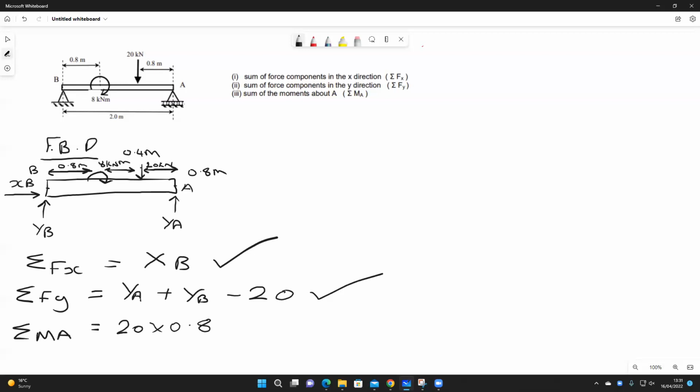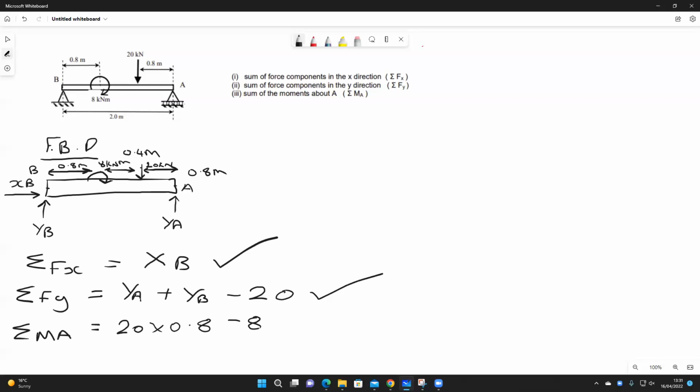And then we've got a moment also of -8. Do remember your sign convention. If it's clockwise, it's negative. If it's anti-clockwise, it's positive.